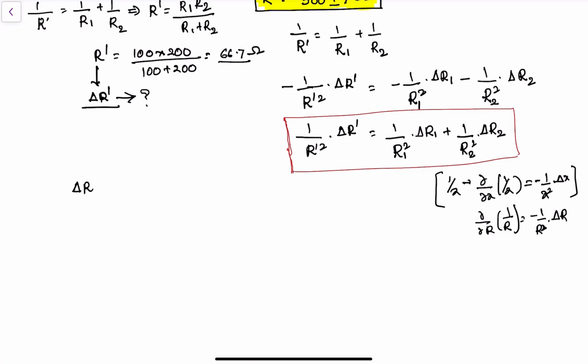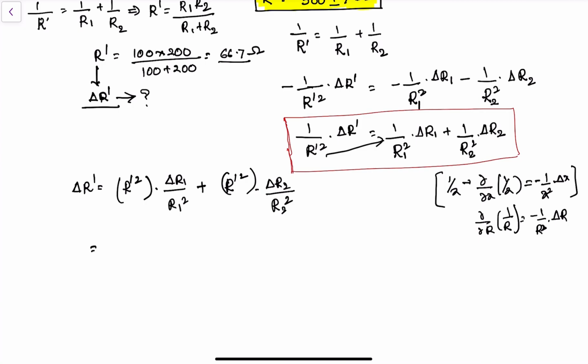Delta R dash is equal to R dash square into delta R1 by R1 square plus R dash square into delta R2 by R2 square.